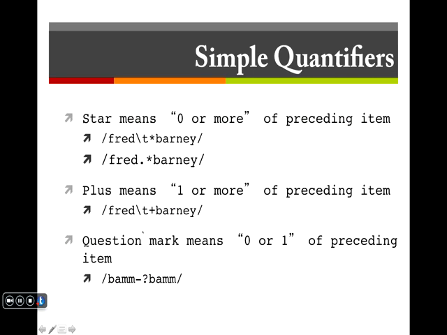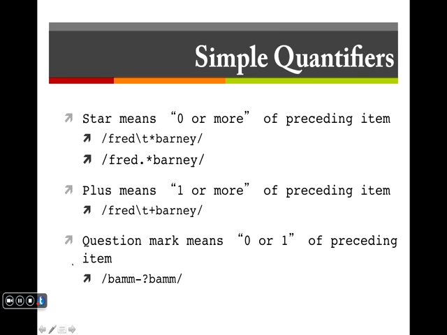So be careful, only of the preceding item. So in our case here, Fred tab star Barney, 0 or more, so this could be matched as Fred Barney bumped into each other, or Fred tab Barney, Fred tab tab Barney. You got the picture.